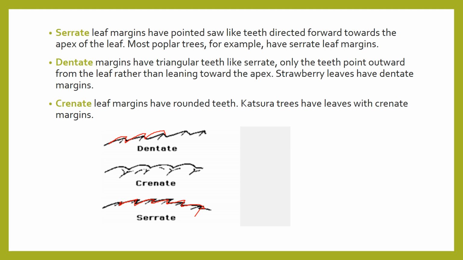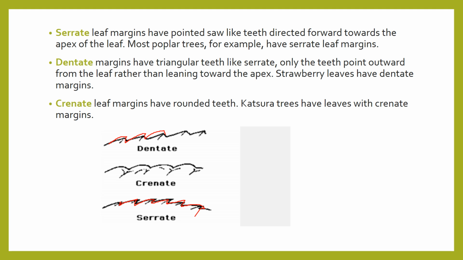They are very similar, but the difference is in the tooth point of each one. The tooth point in the serrate margin goes forward towards the apex of the leaf, while in the dentate margin the tooth points are directed out, not to the apex of the leaf.